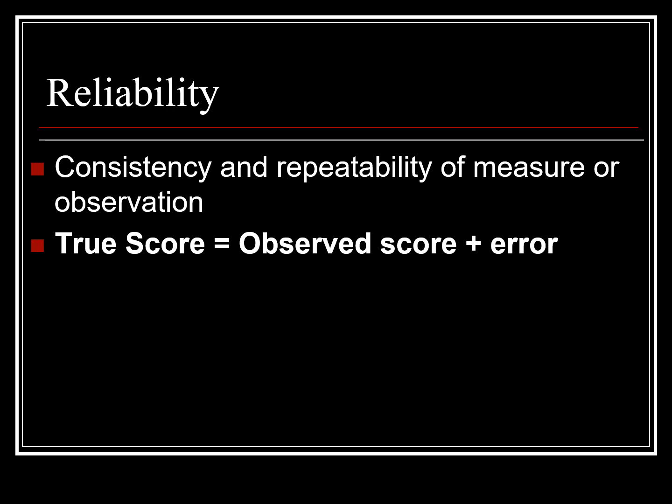That would be reliability. If we give someone a personality test and they're highly extroverted and we give them the same test 3 weeks later, do they also continue to show highly extroverted? If you scored really well on the first test, do you also score really well on the second and third test? Generally, those would be, again, examples of consistent and repeatability of the measure or observation.